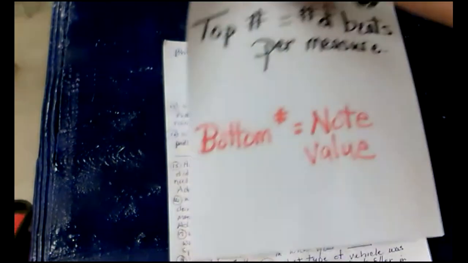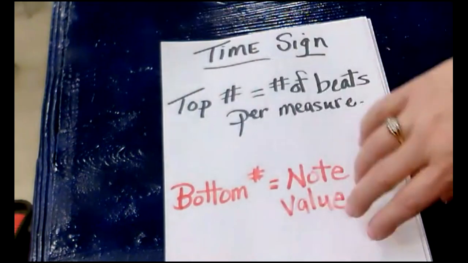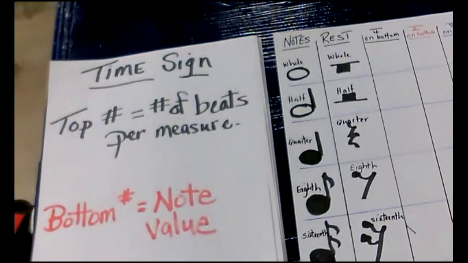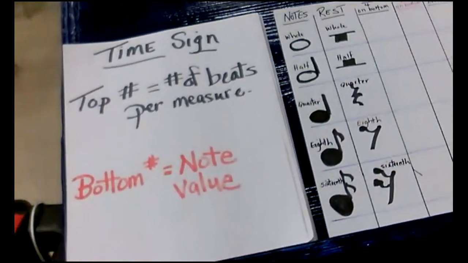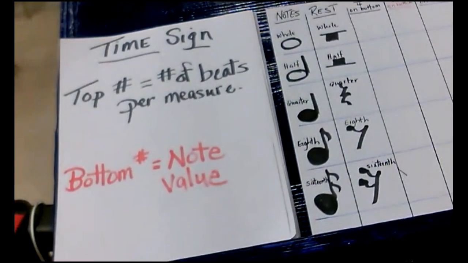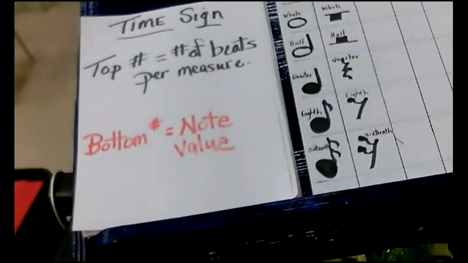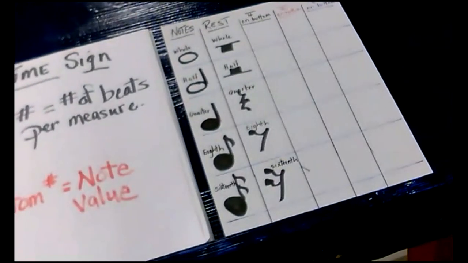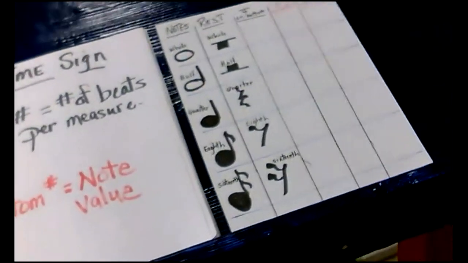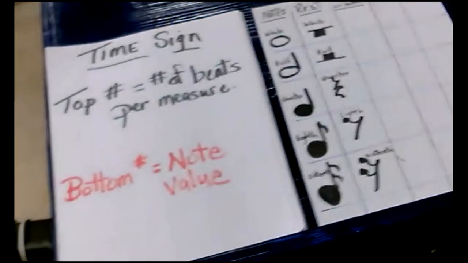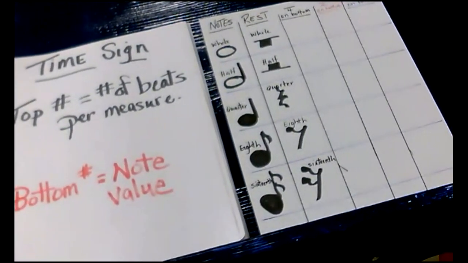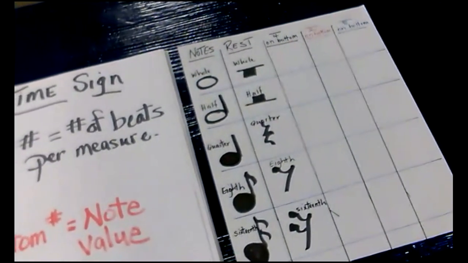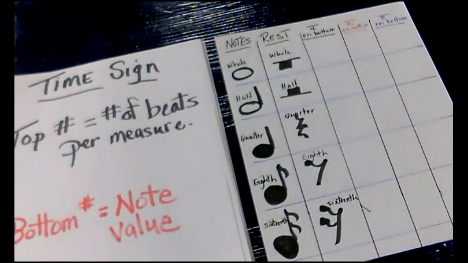Now, as we look here at our different time signs, when we see our time sign, one thing that we have to remember is that for the first part, we are only looking at the bottom number to know what our note value is going to be.